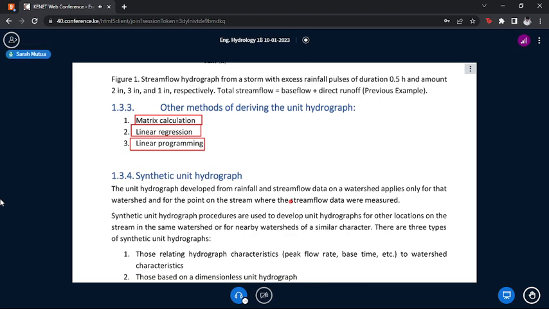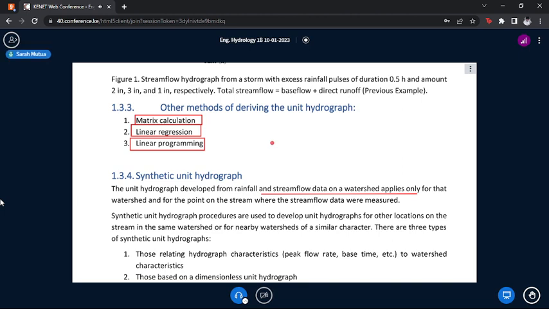If you develop a unit hydrograph for that tributary, you can only use it for that river only, for that watershed, and also for the point of the stream where the stream flow data was measured.